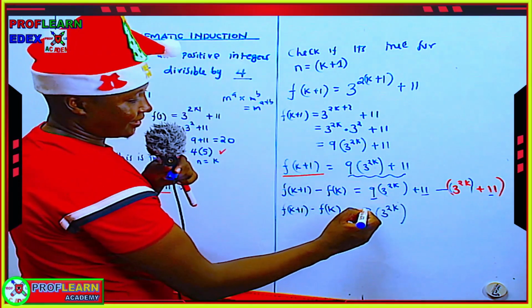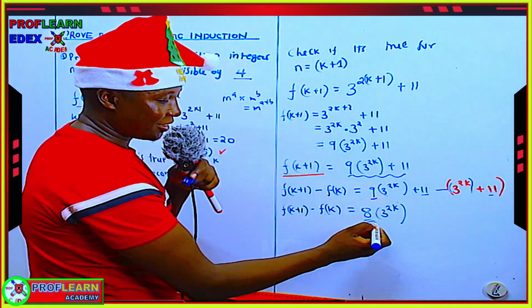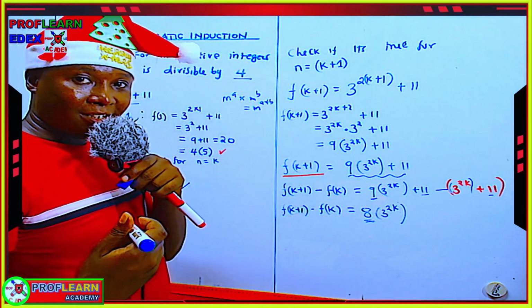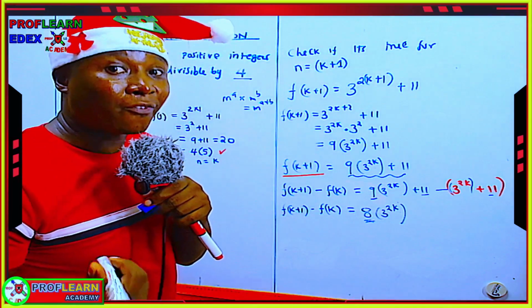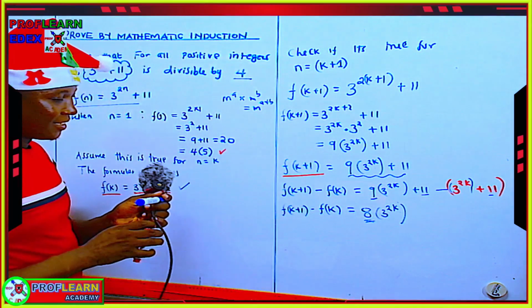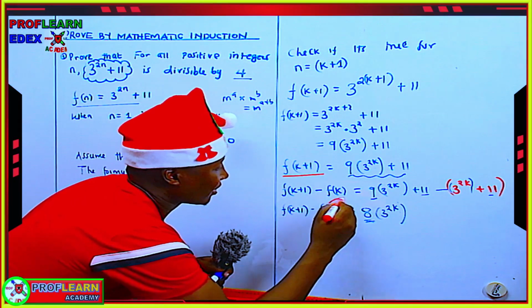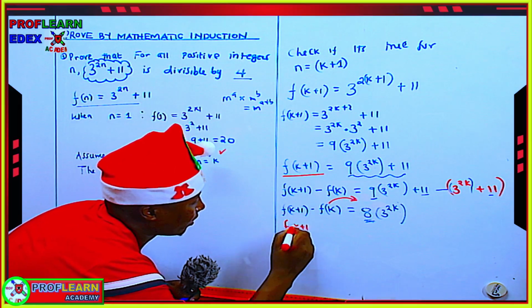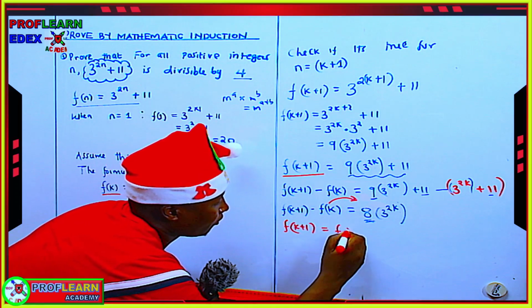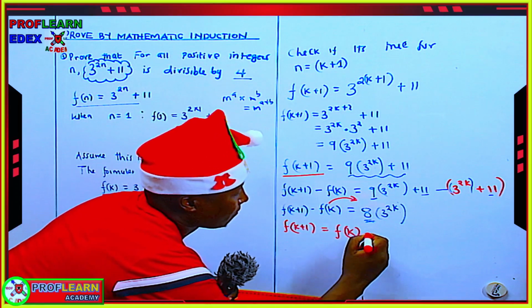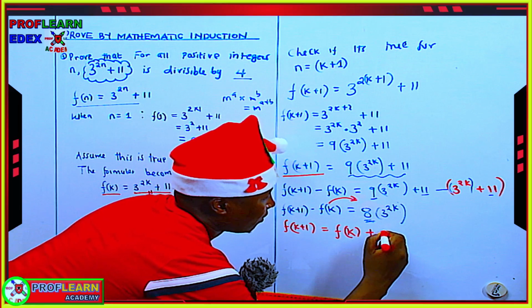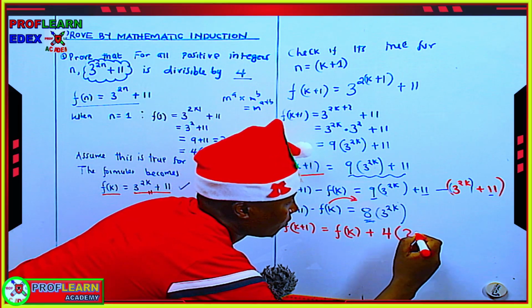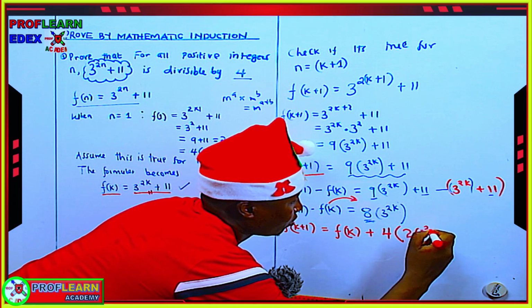But you see this 8 that we are having at this point can be written in terms of 4, is a factor of 4. So we can now say the whole of this can go on the other side, and we shall say now f of k plus 1 is equals to f of k, right, plus 4 into 2 of 3, 2k, like that.